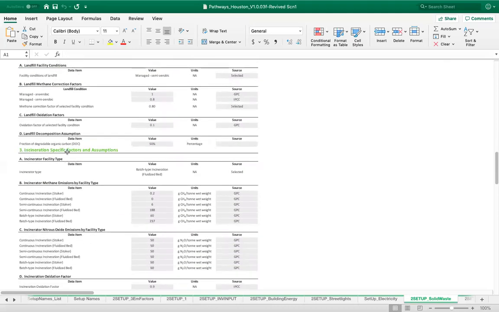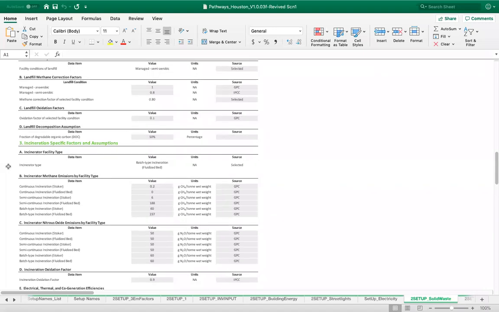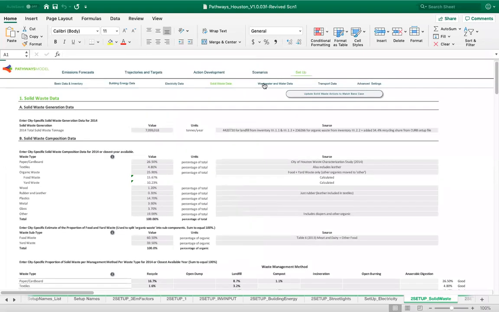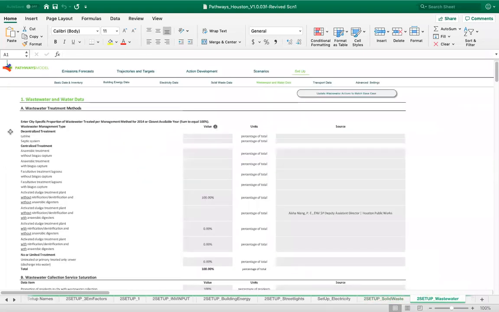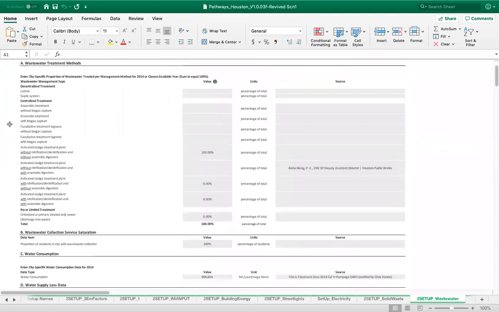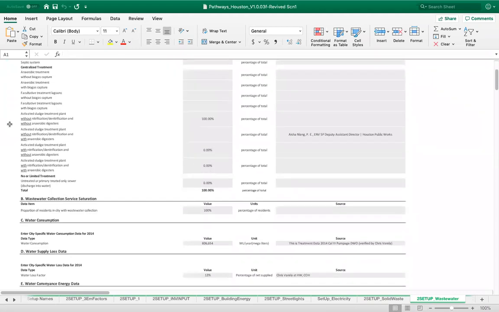The model does have the ability to, of course, consider what is incinerated, not just what is sent to landfill. And for wastewater, once again, you get the list of different treatments that are available globally. But for Houston, this is going to be a much smaller, limited set because you have active water treatments in place.